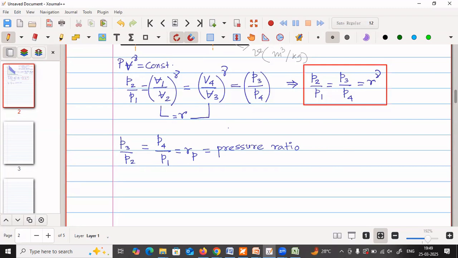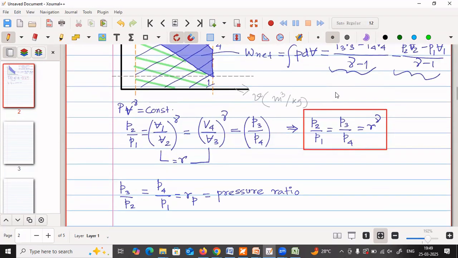Therefore, now our target will be to calculate this quantity. So what is that?